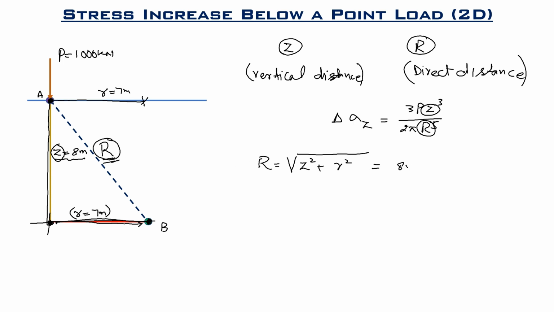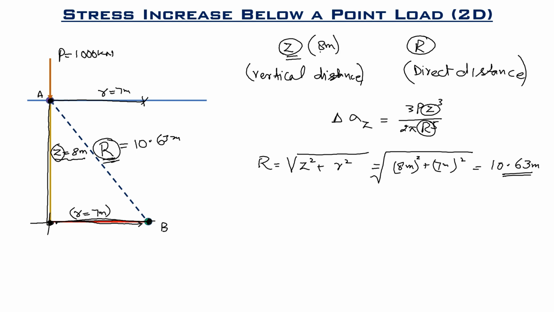So the square root of 8 meters squared plus 7 meters squared, which is the square root of 64 plus 49, gives 10.63 meters. So we have the value of R as 10.63 meters.